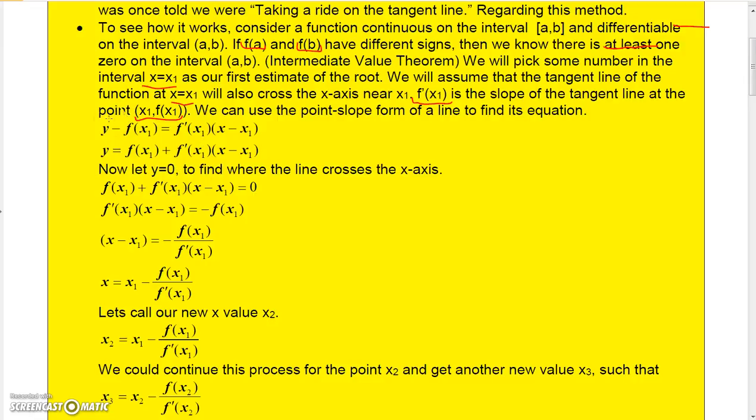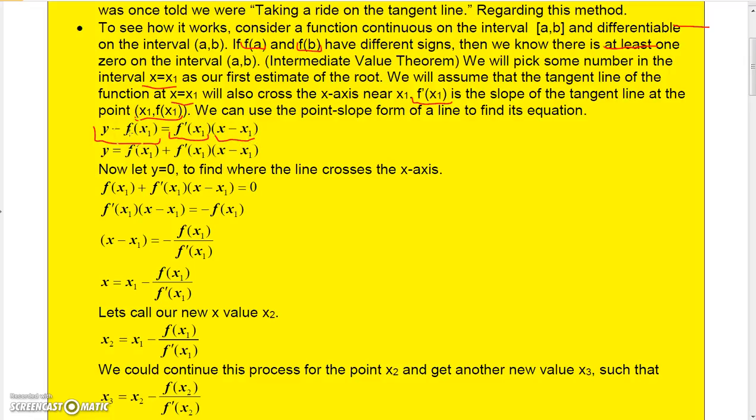If we're considering the tangent line at the point x1 and its corresponding y value f of x1, then using the point-slope form we would get y minus y1, which is y minus f of x1, equals the slope at x1, which is the derivative at x1, times x minus x1.